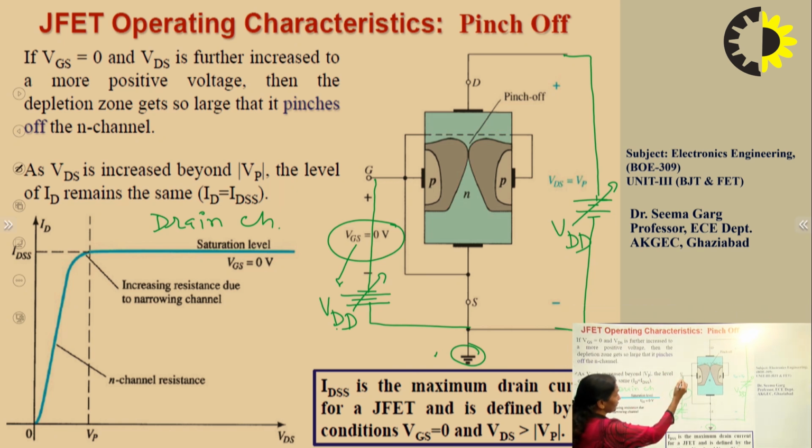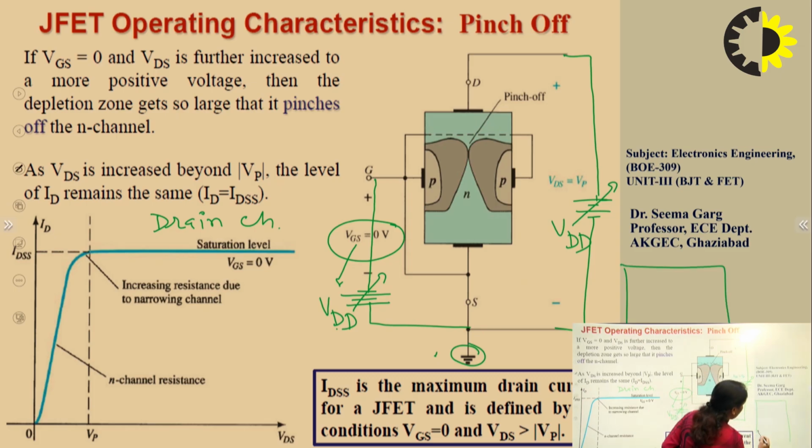Here this N-type material is uniform in nature. Uniform in nature means that throughout the material it has uniform resistance.